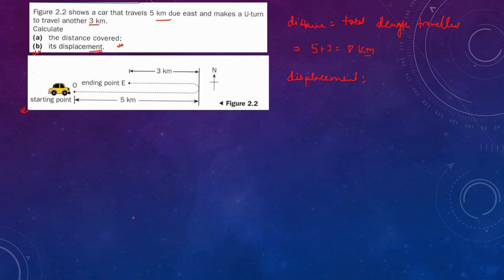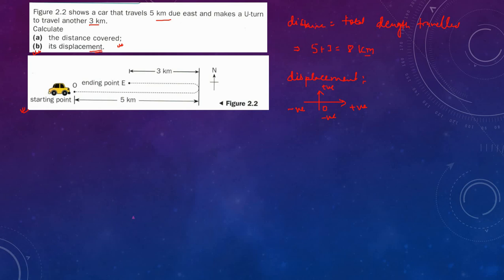conventionally we always consider this direction as the positive direction, like how we write in math, and this direction as the negative direction. Similarly, towards y positive it is positive, and towards negative it is the negative direction. So if you look at this question, the starting point will be this point here.